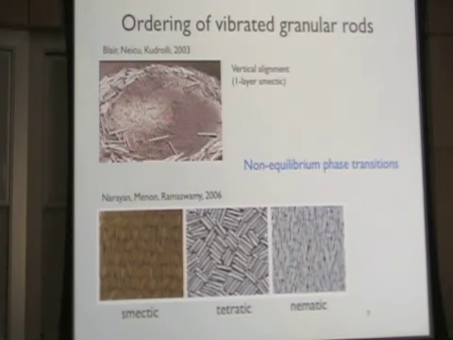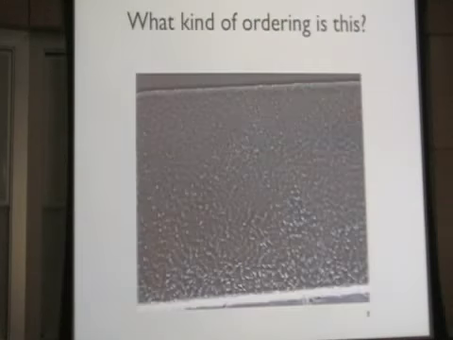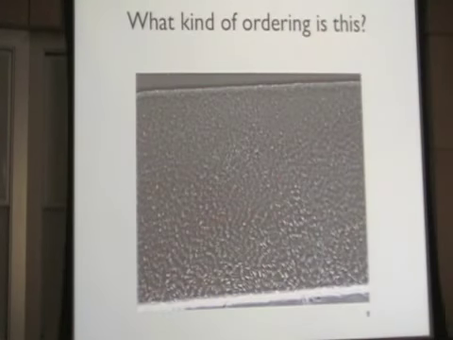You can have either rods oriented in a third dimension, so you go beyond this two-dimensional state into an ordered, like one layer smectic, or you can see a smectic order in a monolayer, also vibrated, or static, or some other states. Anyway, so these are non-equilibrium phase transitions, but in the typical granular rods. I'm interested in this kind of system and the mechanism of ordering in this system.